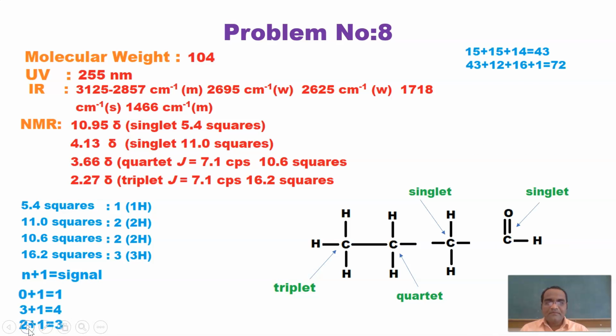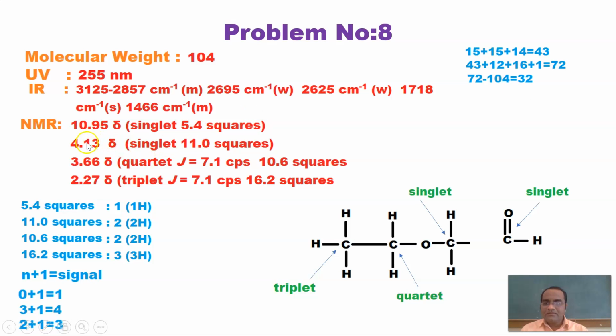So let's see by the molecular weight. So 43 for these first 3 carbons. After that, 12 plus 16 plus 1, so it becomes 72. Now 104 minus 72, it becomes 32. Now I put oxygen over here, because 32 divided by 2 becomes 16.